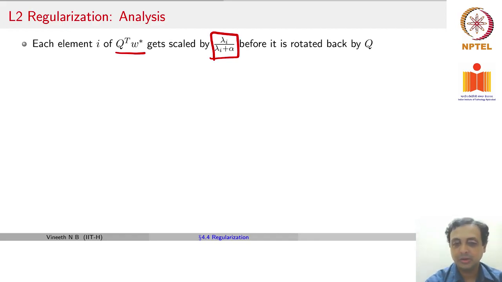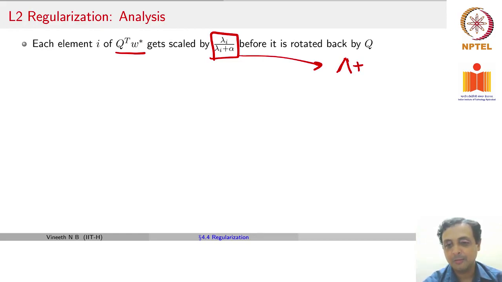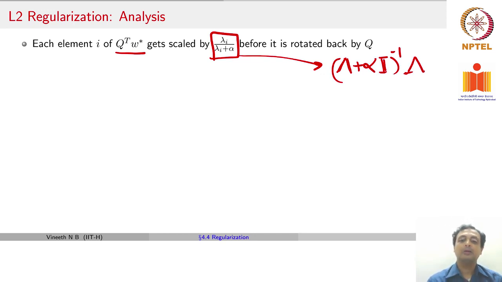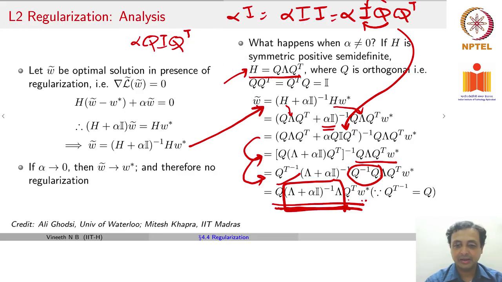How did we get this? We got this as one element of (capital lambda plus alpha I) whole inverse lambda, which is what we had on the earlier slide. So this is just one term of that, because these are going to be diagonal matrices. One of these terms will turn out to be lambda_i by (lambda_i plus alpha), which means you first take W star, transform it by Q transpose, scale it by lambda_i by (lambda_i plus alpha), and then at the end you rotate it by Q again.